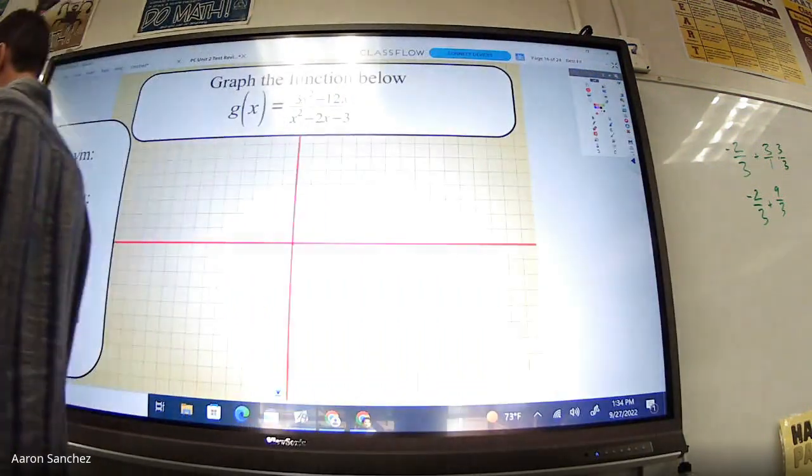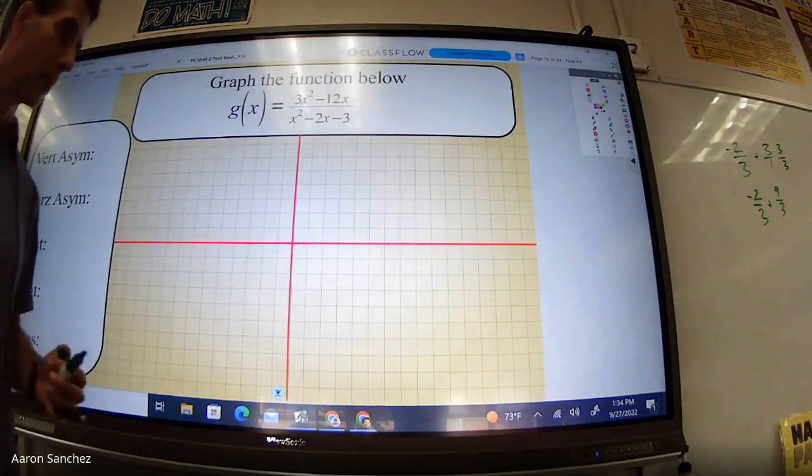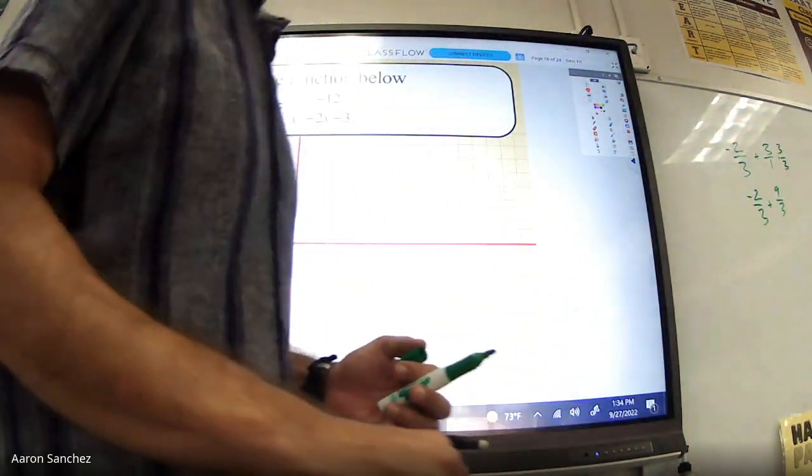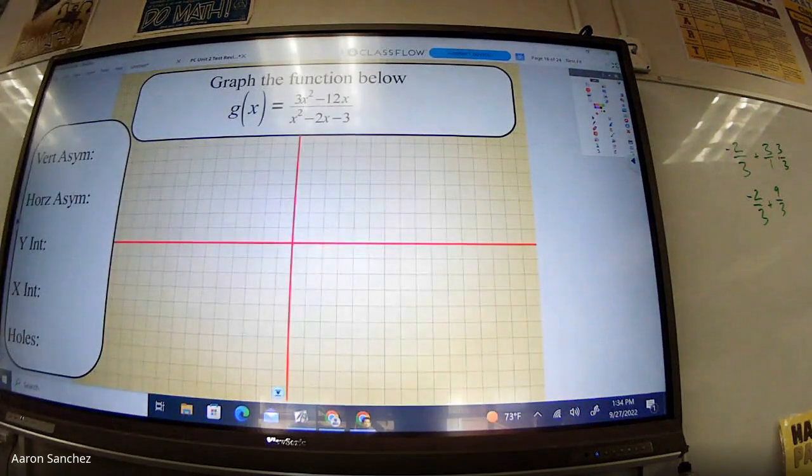Why do you always miss the number? What do you mean? Oh, because I copied tests from other tests and I just missed those things. It's just a mistake. I have g of x equals 3x squared, minus 2x minus 3.